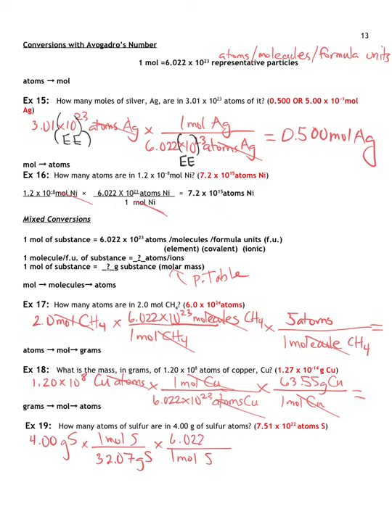And there are 6.022 times 10 to the 23rd atoms of sulfur in a mole of sulfur. Cross-canceling those units out, I'm left with my atoms of sulfur, which is what I want. And so I multiply and divide those numbers, and I should get my answer in the end, which is 7.51 times 10 to the 23rd atoms of sulfur.